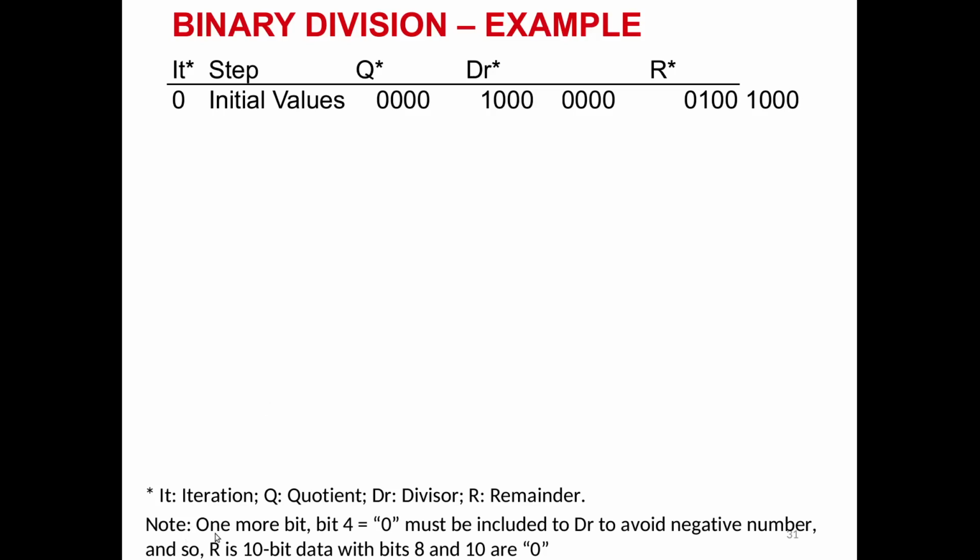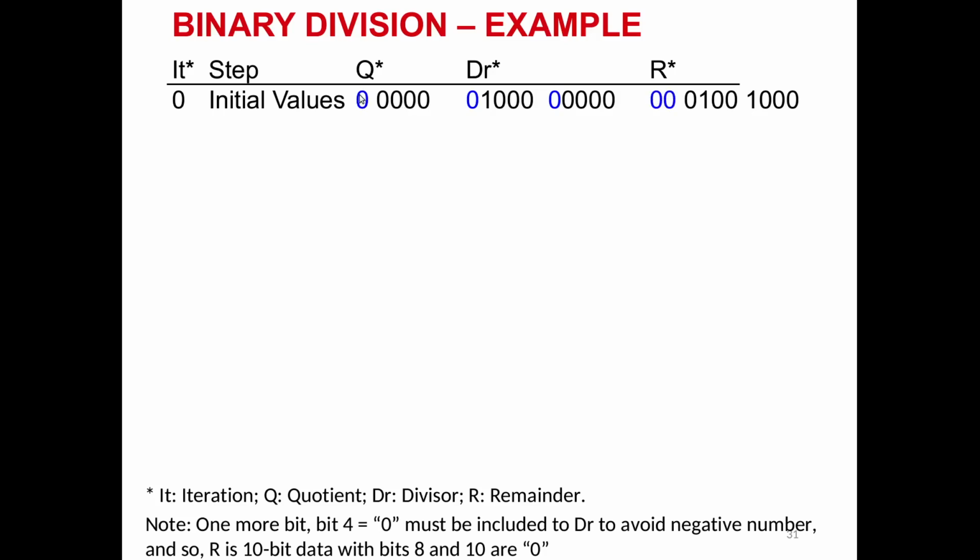So here I give a note: one more bit equal to 0 for dr must be included into dr to avoid a negative number, and when one more bit is added to dr, of course you need to add one more bit here to make the length of the left part for dr the same as the length of the right part for dr. You can see that here dr is 5 bits, and so r must be 10 bits, double the size of dr, and so 2 more 0s must be added here.